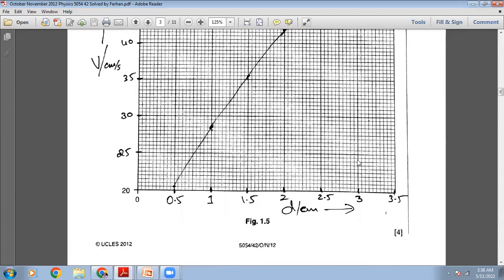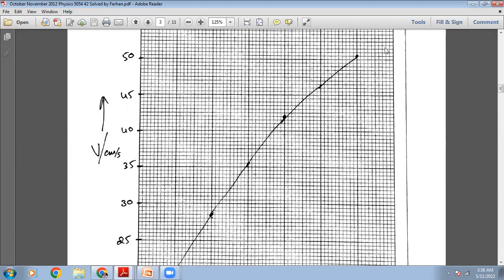So as d increases, the slope will continue to decrease. So at very large values of d, the increase in the speed will be less for every centimeter increase in the depth.